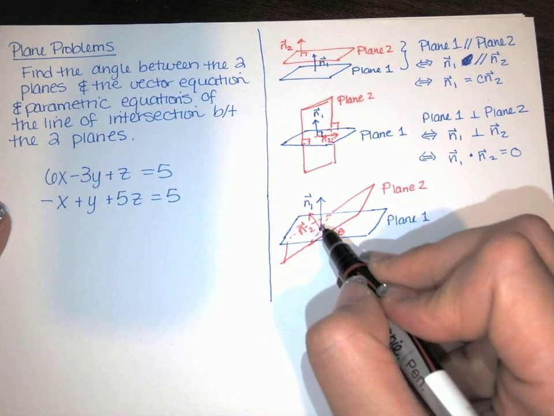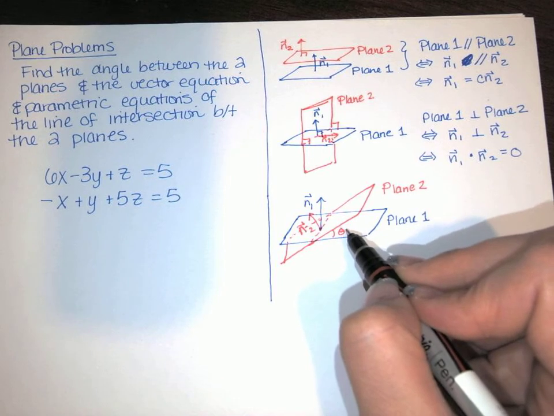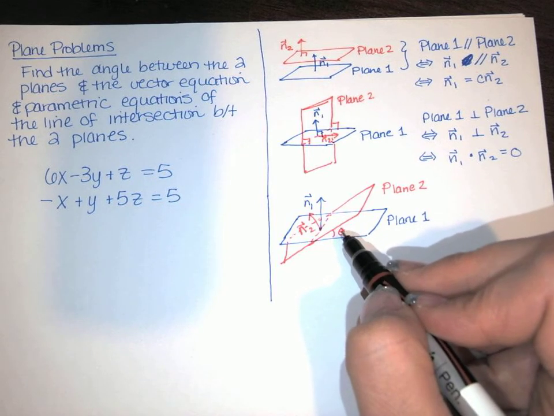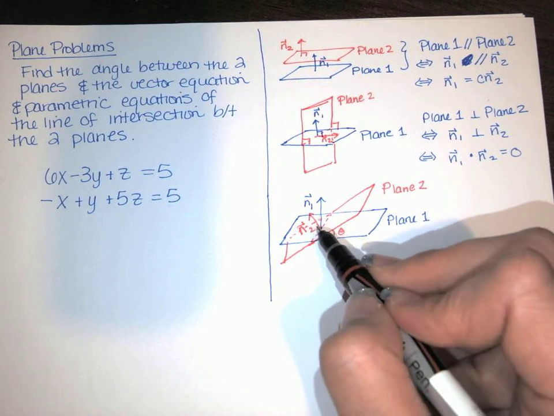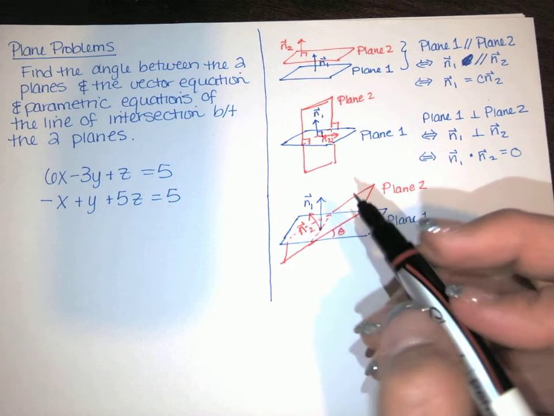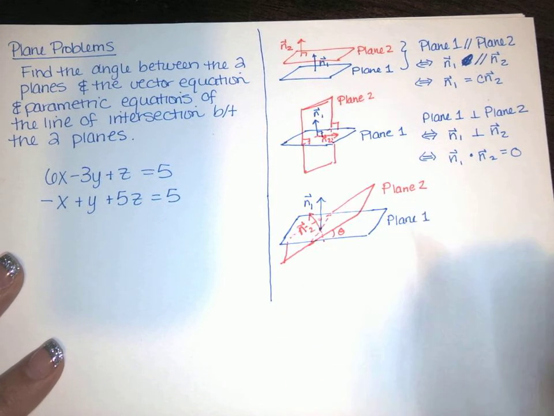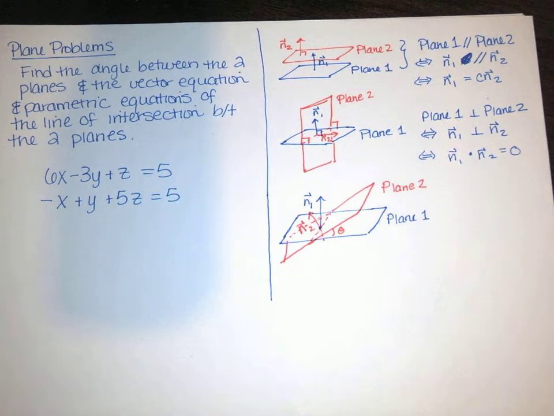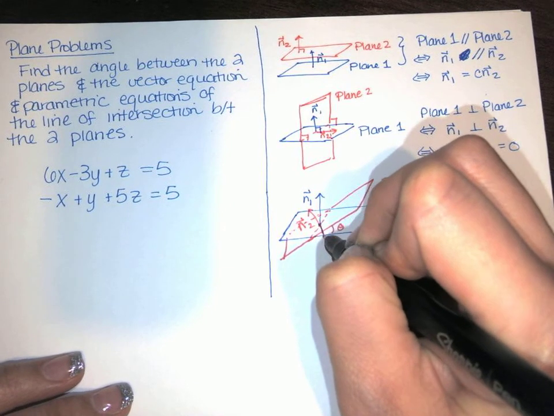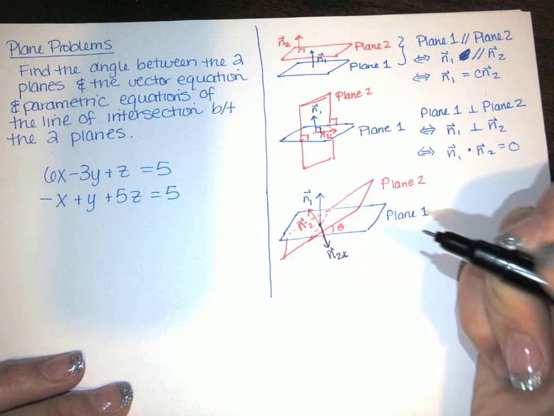In that case, the angle between the two normal vectors is equal to that angle theta that's over here. Now, it might also be the case that instead of using this N2 as the normal vector, we choose to use the opposite one, the one that points the other way. I'm going to call that N2 with a star on it.